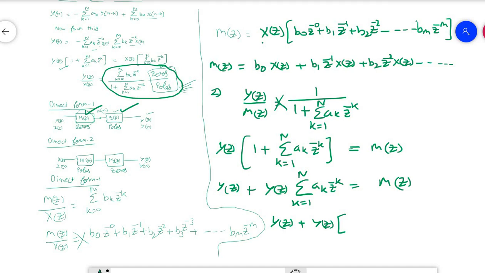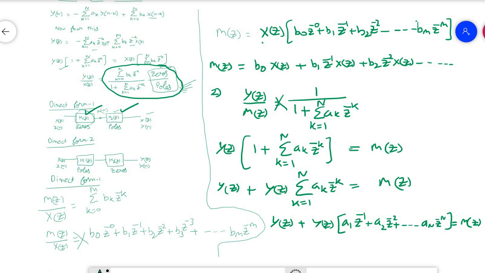This is a1 z to the power minus 1, a2 z to the power minus 2, and so on. Summation 1 to n means an z to the power minus n.